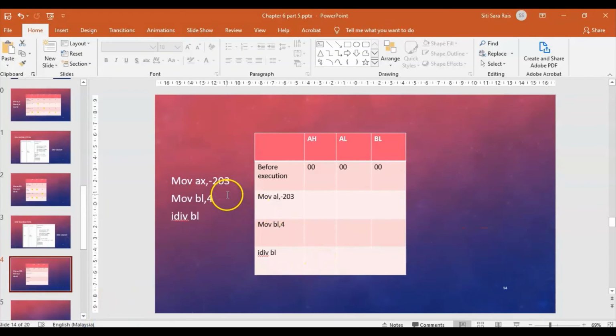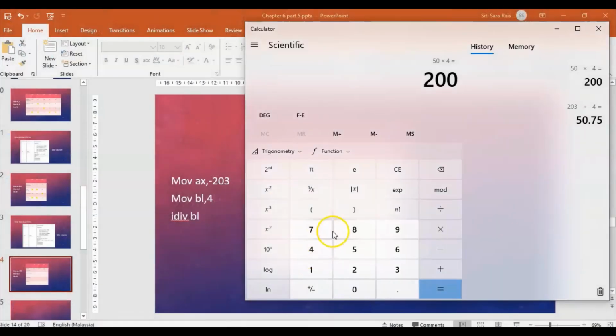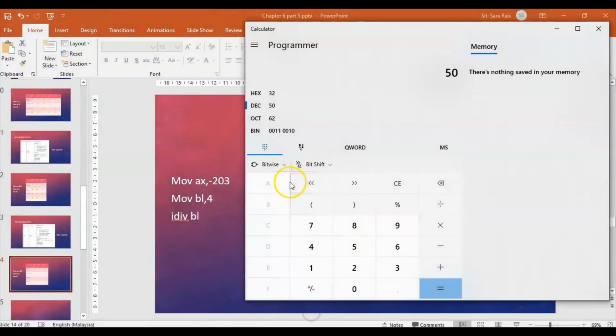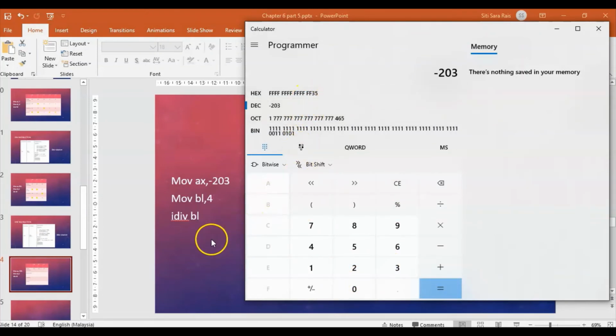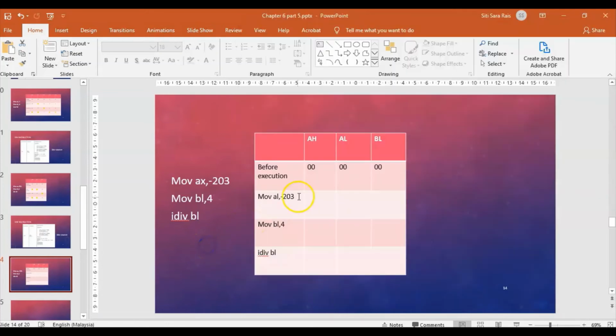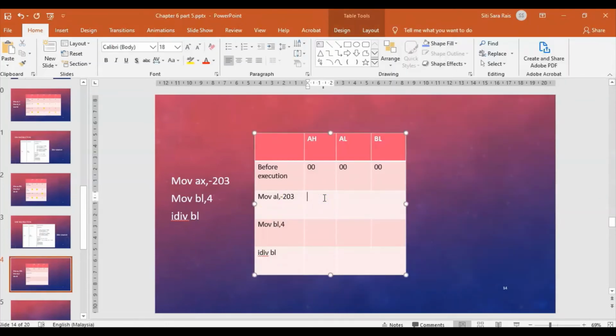Now we have AX with the value negative 203, which gives FF35 in AX.